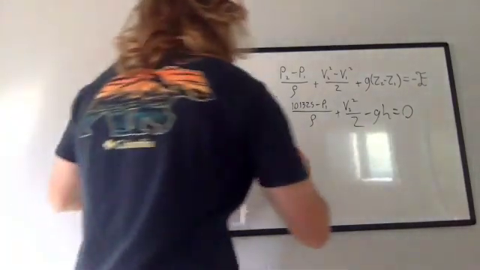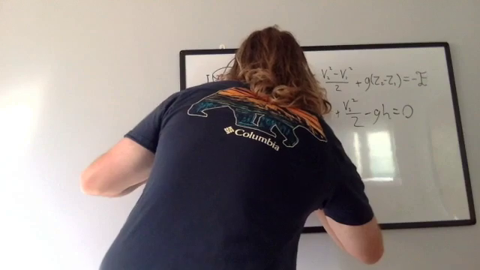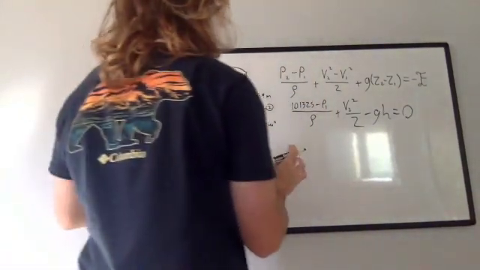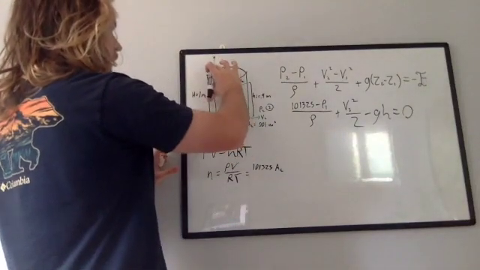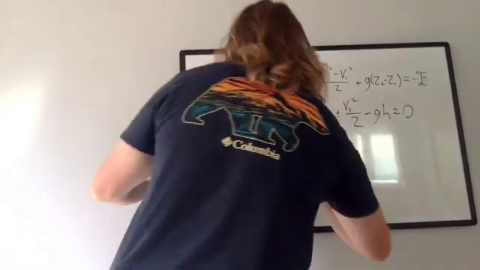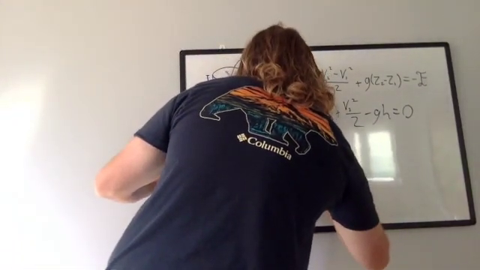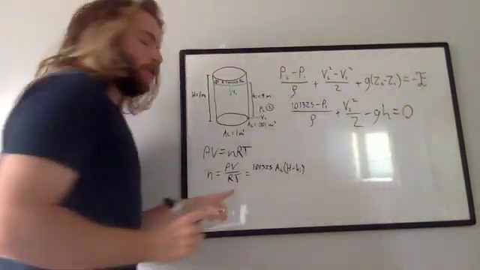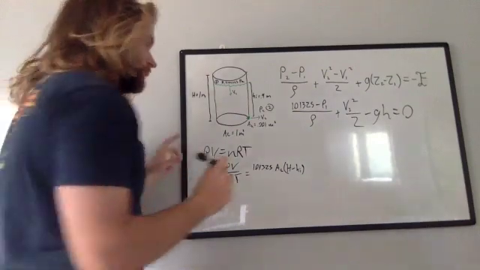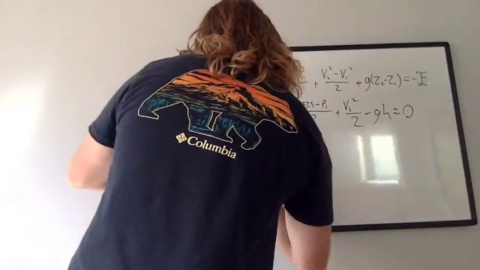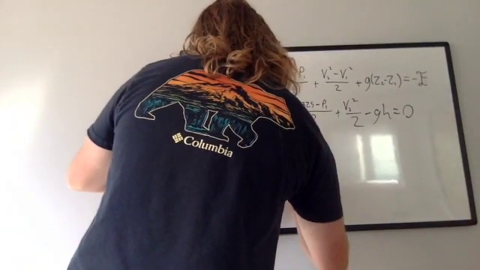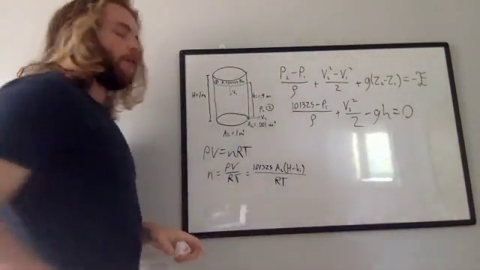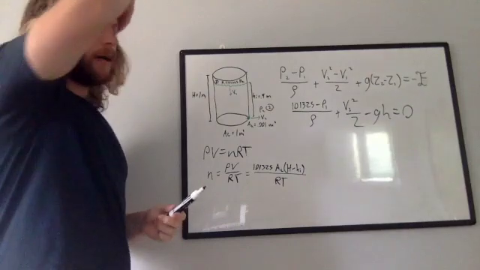So we can say that this is going to be multiplied by AC, our cross-sectional area, and that is going to be multiplied by the difference between the height of the cylinder and the height of the fluid. So this is going to be H minus HI. And then this is going to be multiplied over RT. There you go. That is going to be our number of moles of gas within this air pocket.